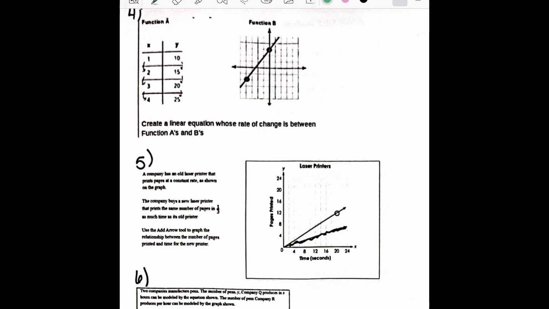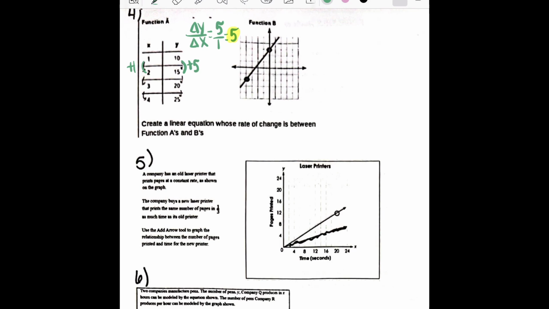So if we look at function A, we need to find that rate of change first, which is change in y over change in x. We're going from 10 to 15, which is plus 5. We're going from 1 to 2, which is plus 1. That means we're going 5 over 1, which is 5. So function A's rate of change is 5. We have that right here.